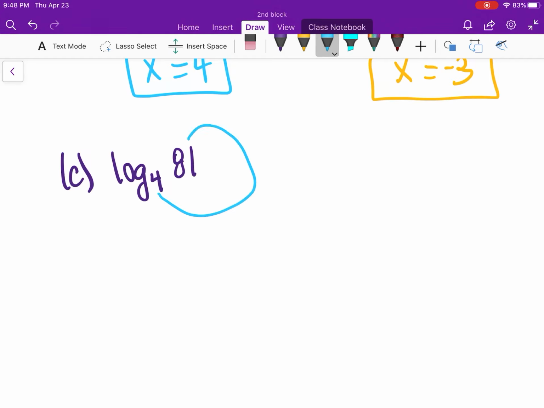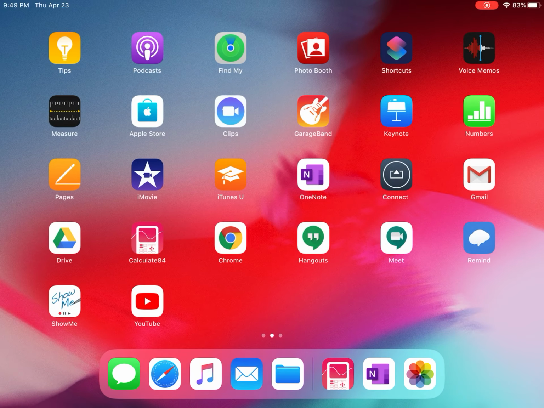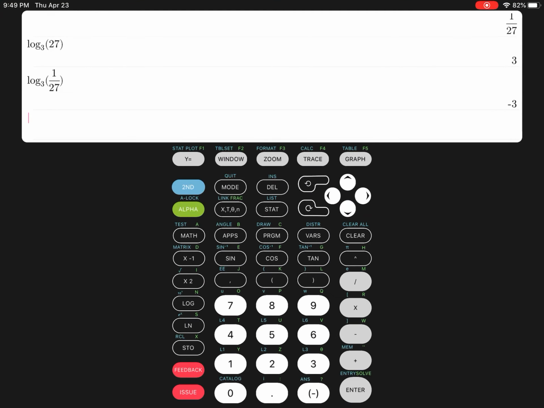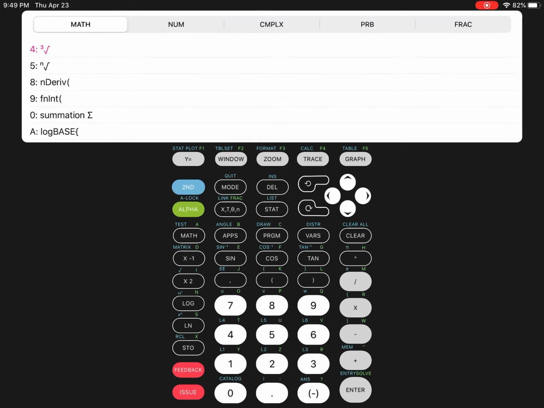Okay. Well, if you use your curly fry, 4 to what power equals 81? Well, you can't raise 4 to a power to get 81. So that means your answer is not going to turn out to be a nice number like we saw before. It's probably a decimal. So definitely want to use that button there.